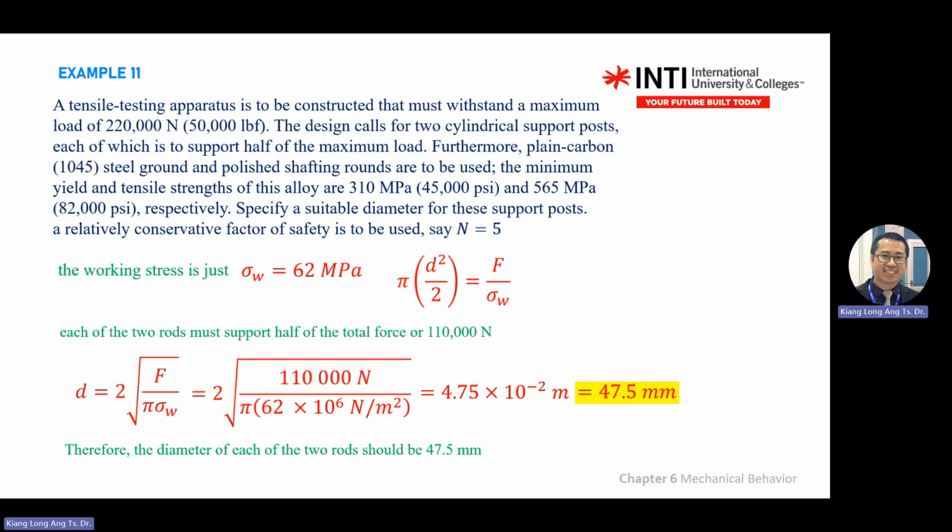So you should be able to read the question carefully. If you use 220 over here, it will be wrong, because the question tricks you. It gives you extra information of 2 supports and makes you confused. They actually ask you to calculate for one support.